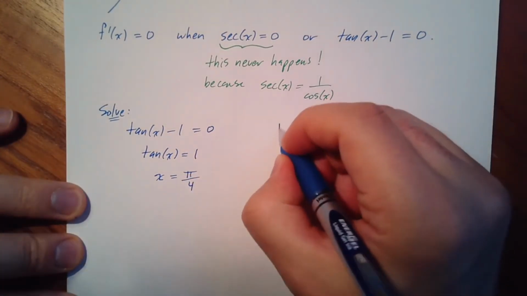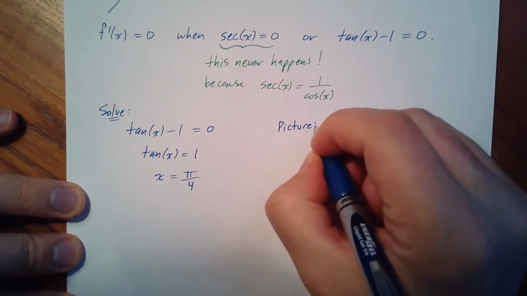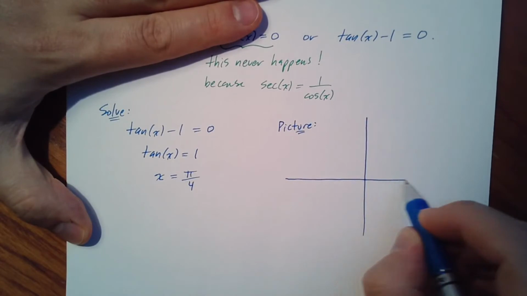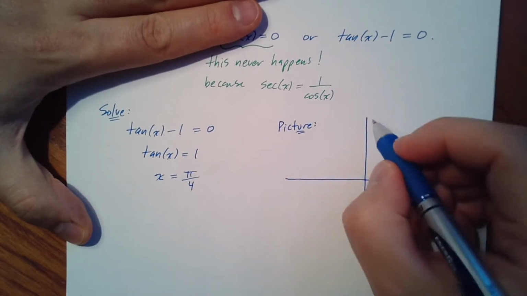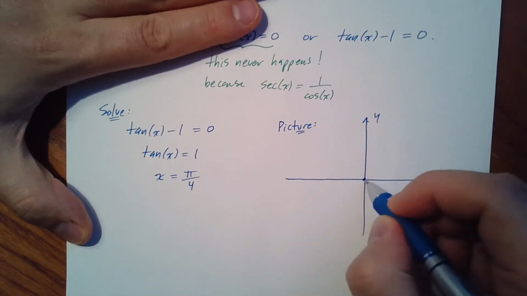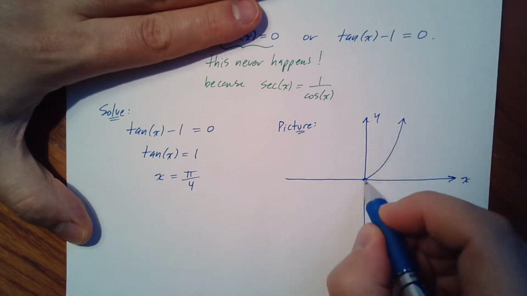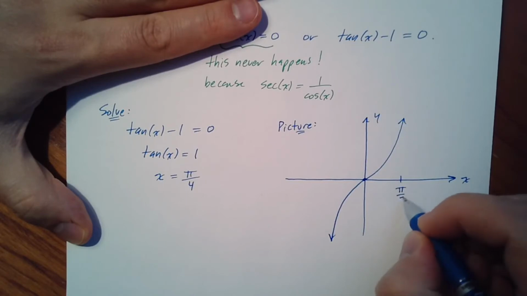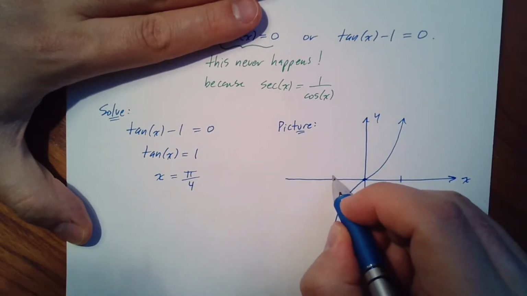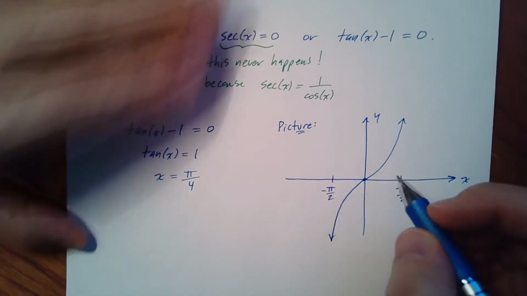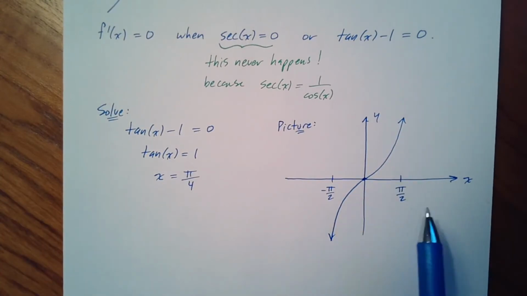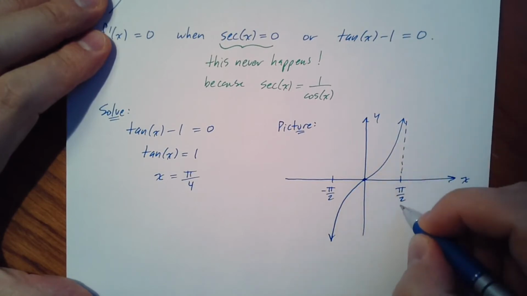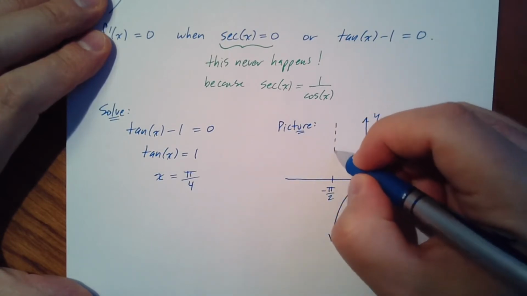Since we've got the space here, let's draw a quick picture of the graph of tan. Remember, its fundamental wave looks something like this, right? It's got a vertical asymptote at pi over 2 and at negative pi over 2, and in fact it'll have a vertical asymptote at pi over 2 plus any multiple of pi, because it's got a period of pi.